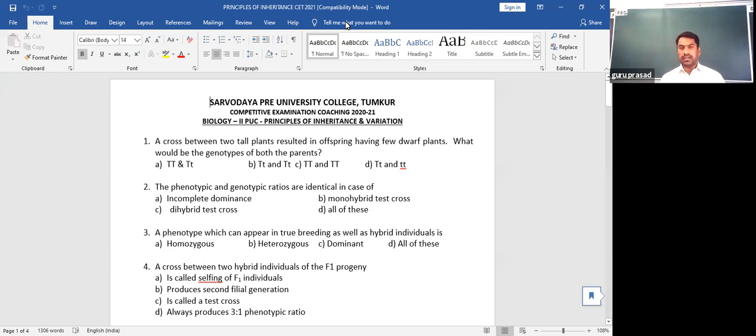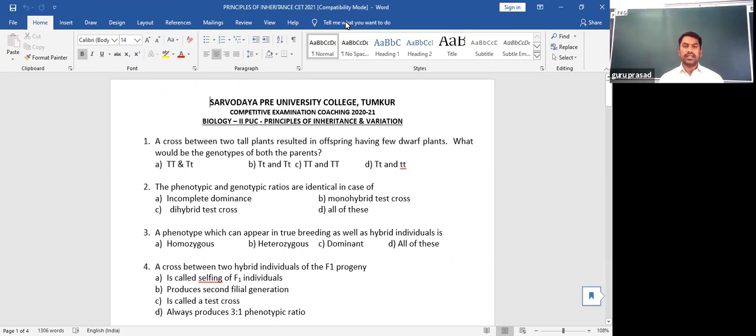If you obtain the opposite, a contrasting character to the parents, like parents are tall here, the contrasting character is dwarf, and the offspring are dwarf, it means the parents are not pure line. So with these two main conclusions, one is that both parents should be tall, so option D is skipped, and the offspring are dwarf, in the sense the parents are not pure line. So even option C will be skipped.